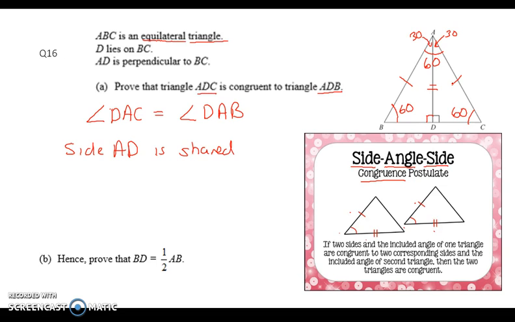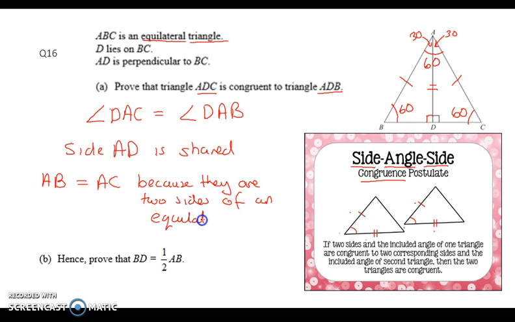Because our triangle is equilateral, all sides must be equal on the big triangle. So let's just state that AB is equal to AC because they are two sides of an equilateral triangle.